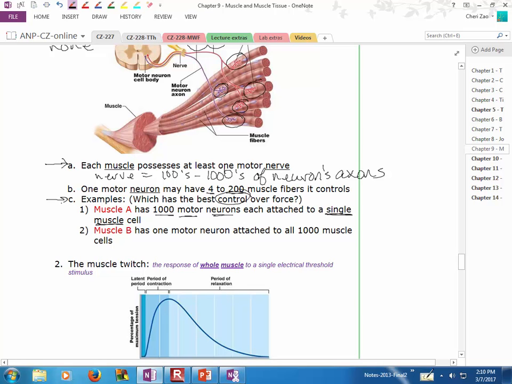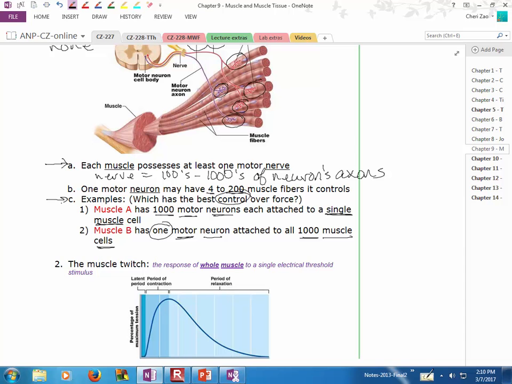Muscle B only has 1 motor neuron, attached to all 1,000 muscle cells. So which can give you better control over force of contraction?